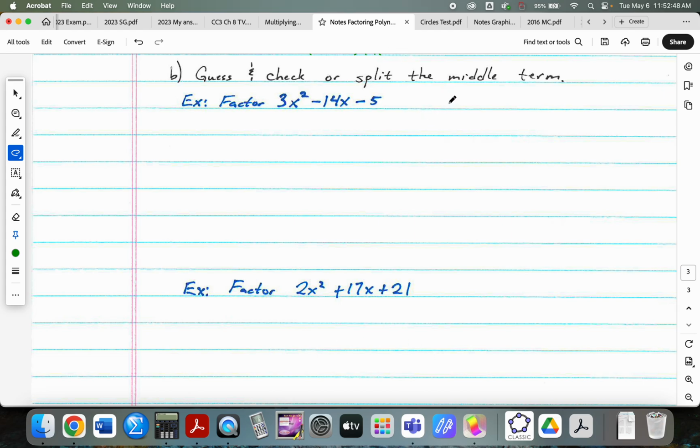So what we're going to do is multiply the lead coefficient and the constant. So we're going to multiply 3 and negative 5, so that's negative 15.